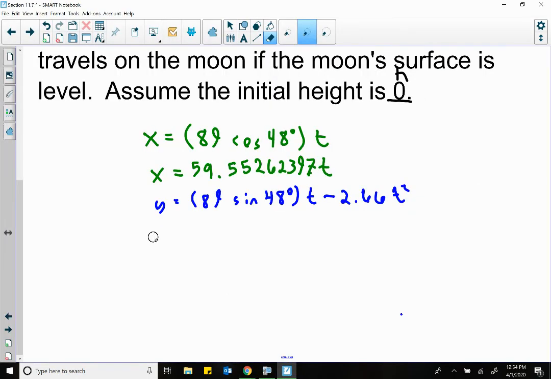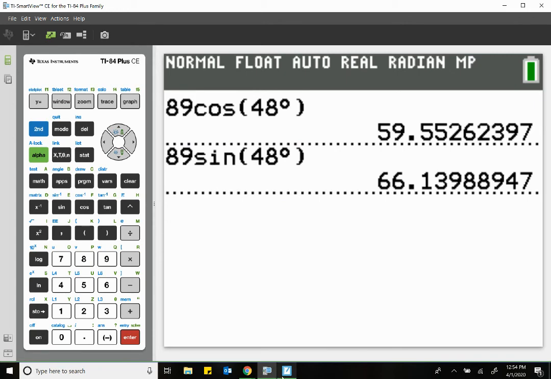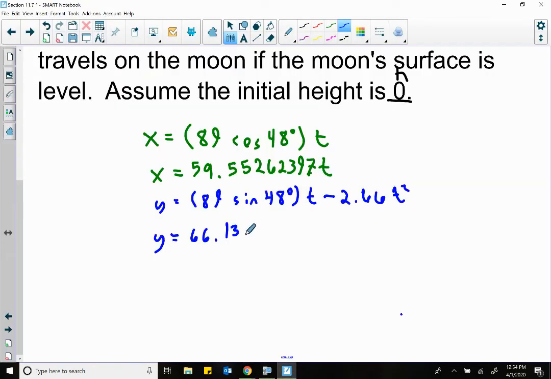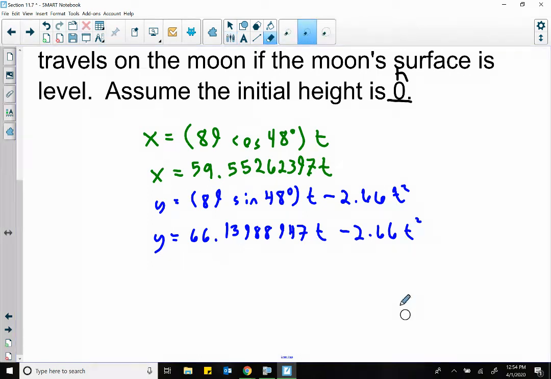So we've got y equals 66.13988947 t minus 2.66 t squared.